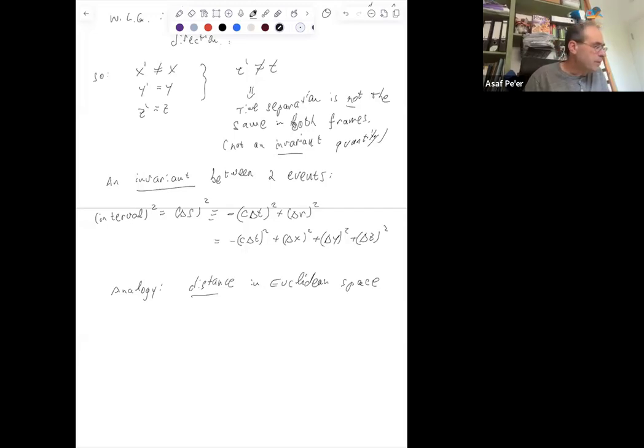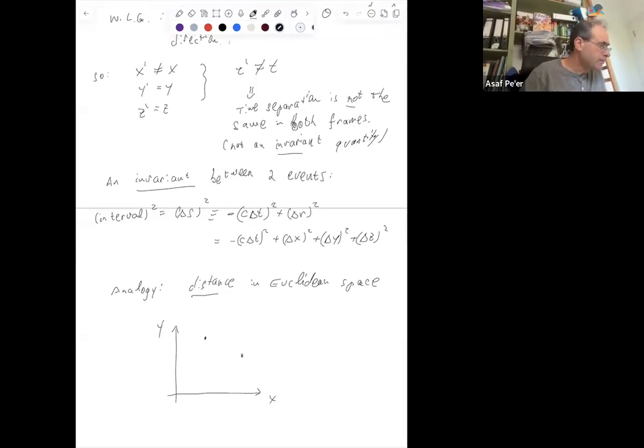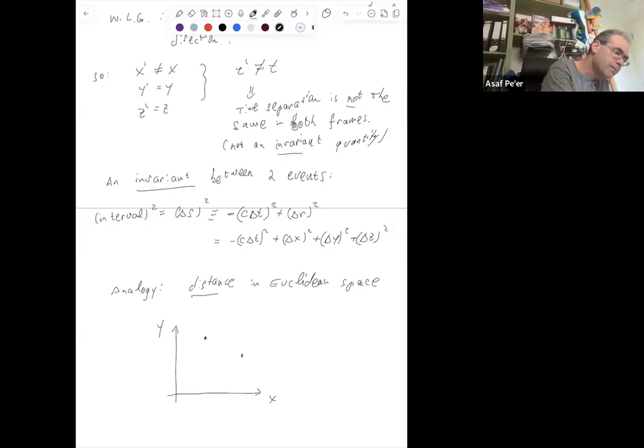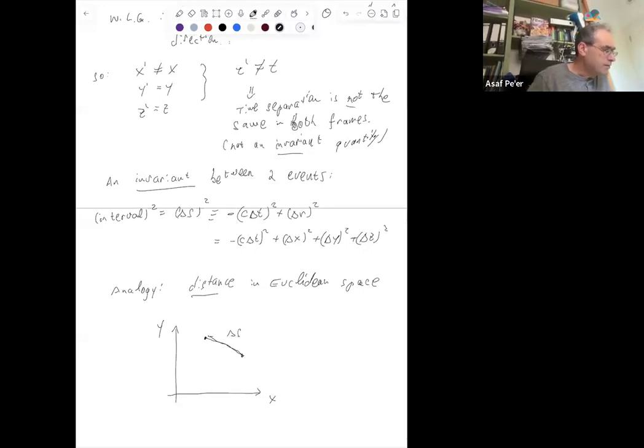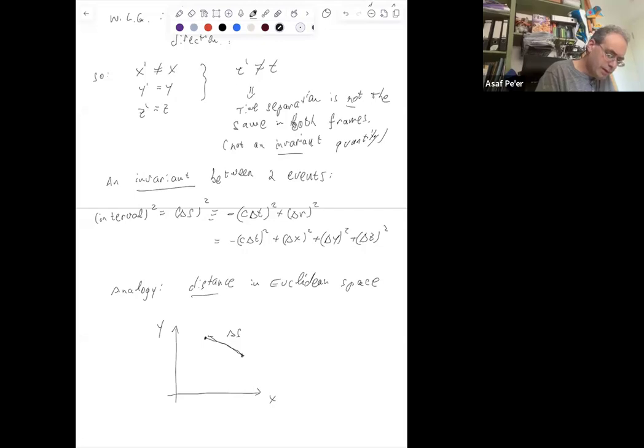You're familiar with that. So if I take a two-dimensional space, x, y, and I set two points, I can look at the distance between the two points, which is delta s. The distance squared, delta s squared, of course, is delta x squared plus delta y squared.